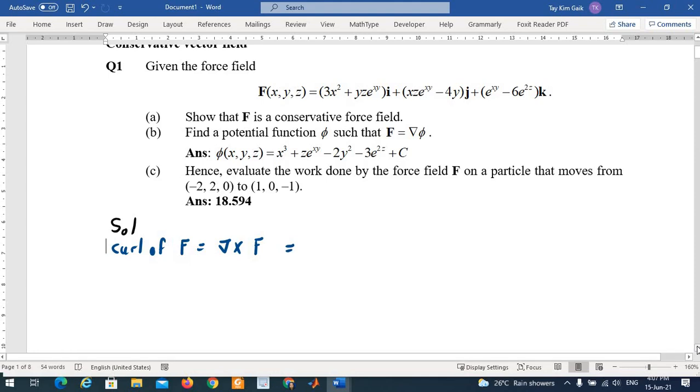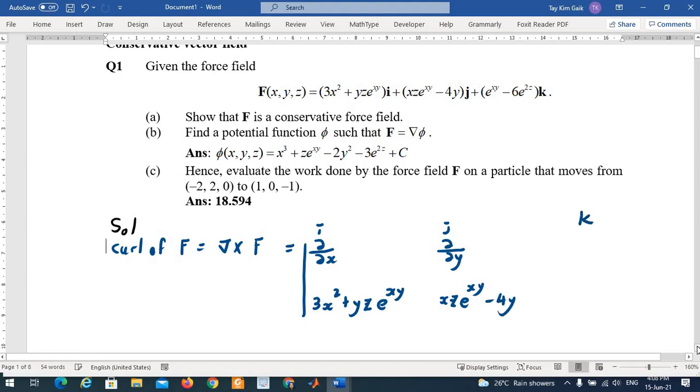Del is a differential operator. If F is three dimensional, then del is three dimensional. Del x i. F component i is 3x squared plus yz e^(xy). Component j for del is del y, and component j for vector F is xz e^(xy) minus 4y.